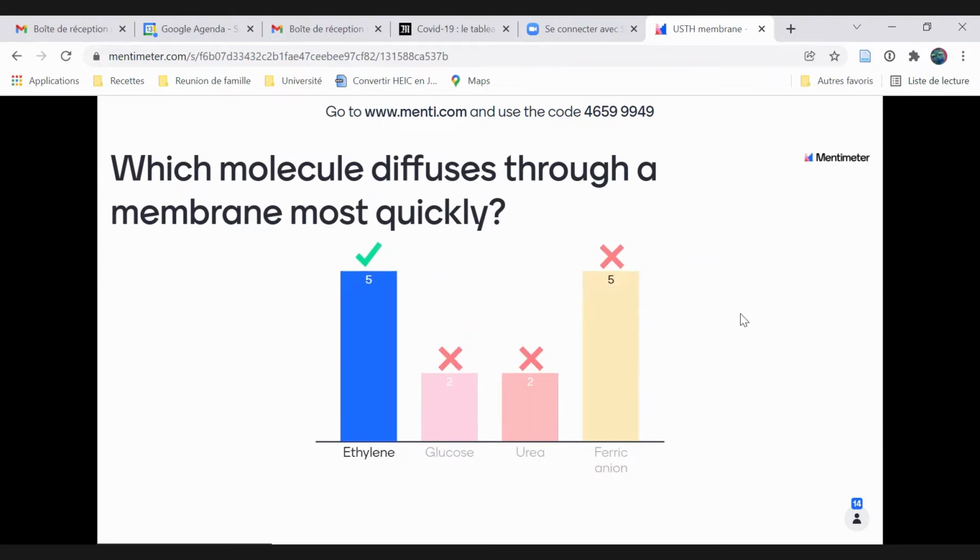Yes, indeed, the one that will diffuse the least quickly is the ferric ion because it's an ion, okay? Glucose is polar, urea is polar, so ethylene is the least polar, the most hydrophobic molecule, so it can diffuse and be transported more easily.